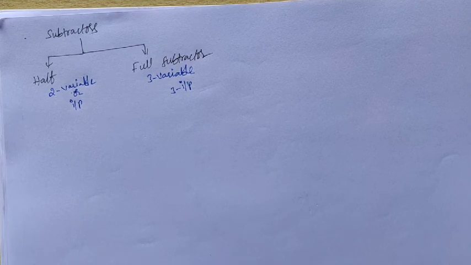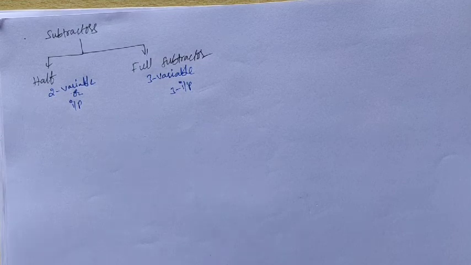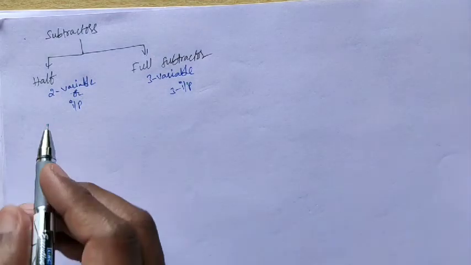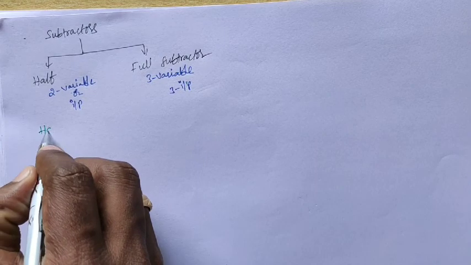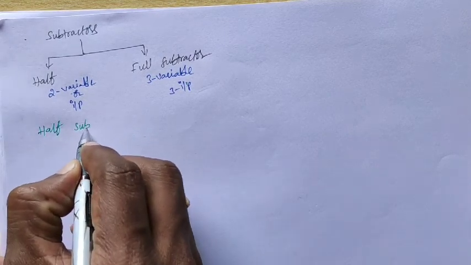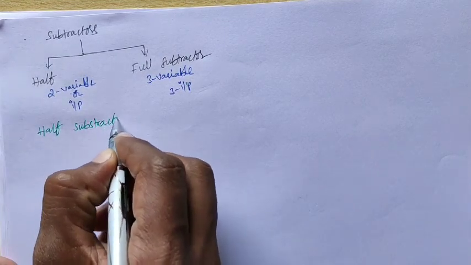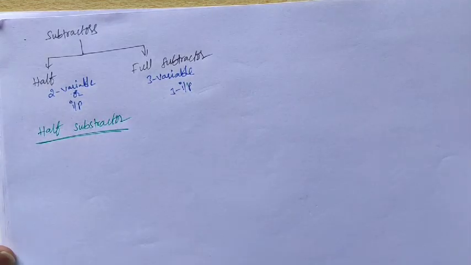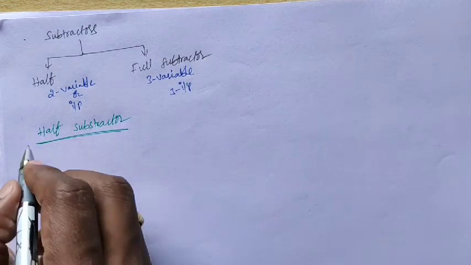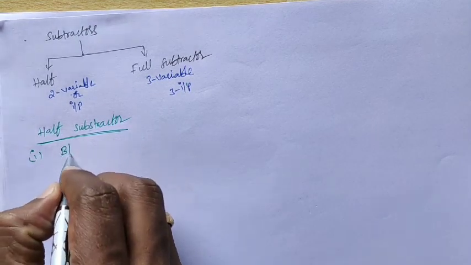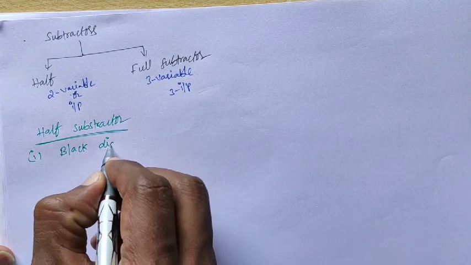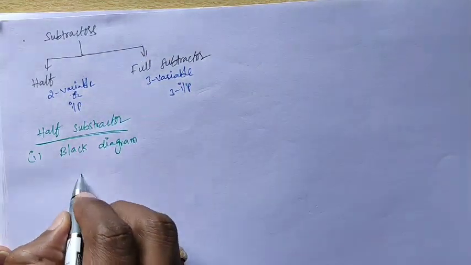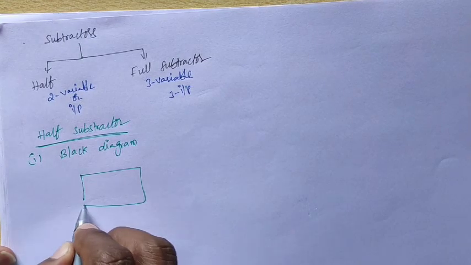Before going to that, what is the designing procedure? What are the steps to design a combination logic circuit? The first step is the block diagram representation. Now we are going to discuss the half subtractor. In the block diagram we need to mention the number of inputs and the number of outputs.